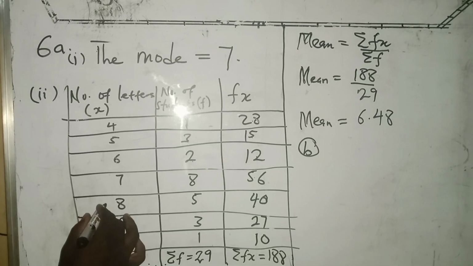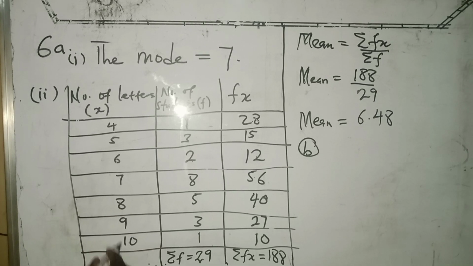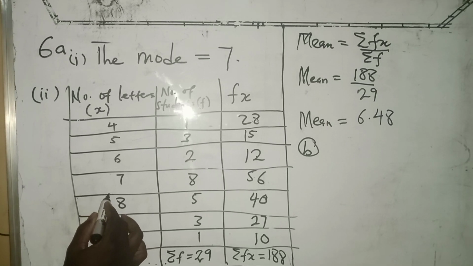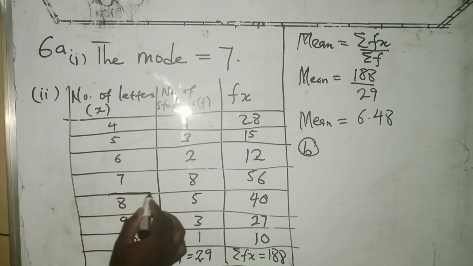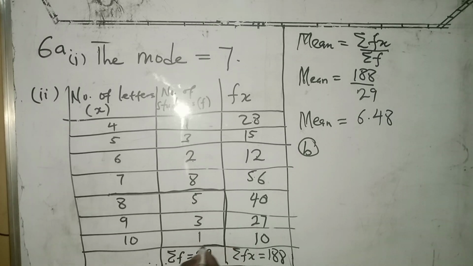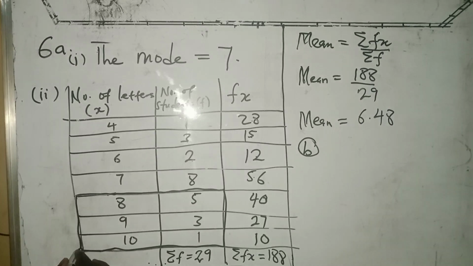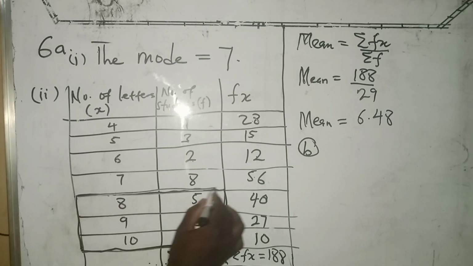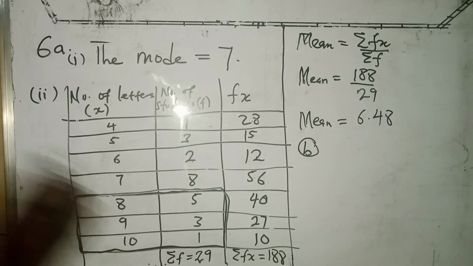The letters that are more than 7 are 8, 9, and 10. Now when you trace their corresponding frequencies, you have 5, 3, and 1.